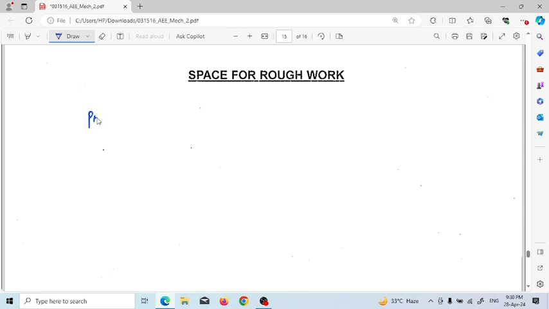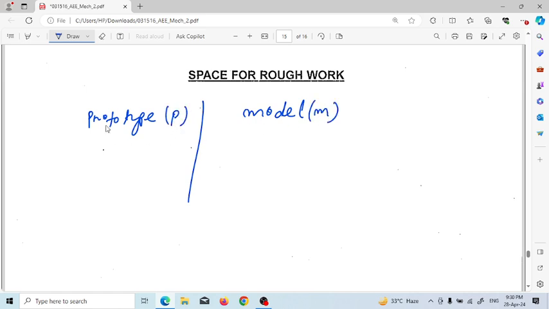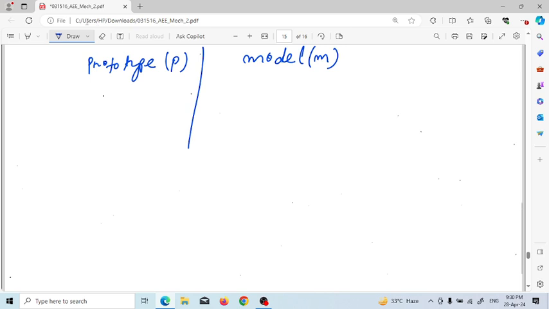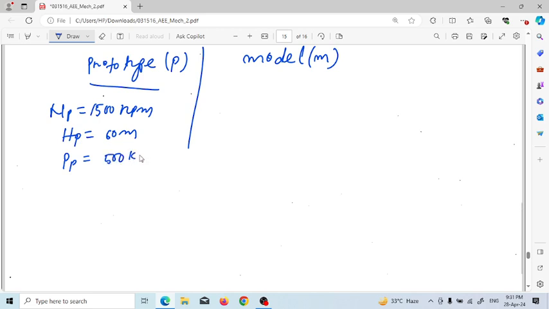This is the prototype, and this is the model. Symbol P is prototype, and this is model. So given data: the hydraulic turbine generates 500 kilowatt at 1500 rpm and head 60 meter. This is prototype. So the speed Np is equal to 1500 rpm, head is 60 meter, and power of prototype is 500 kilowatt.